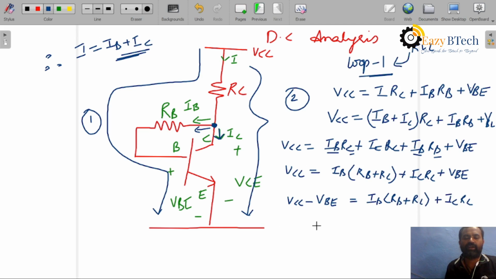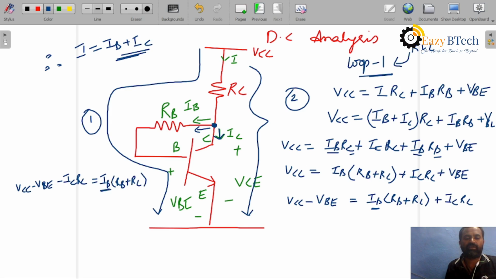And to find out the value of IB, you can bring this term to this side, and you will get VCC minus VBE minus IC RC is equal to IB into RB plus RC.